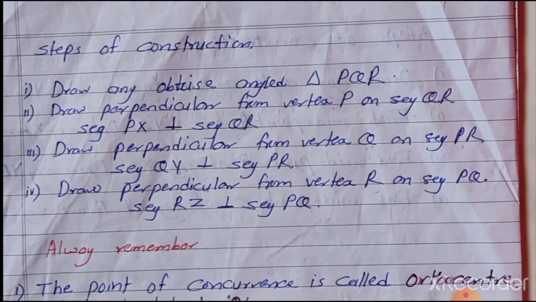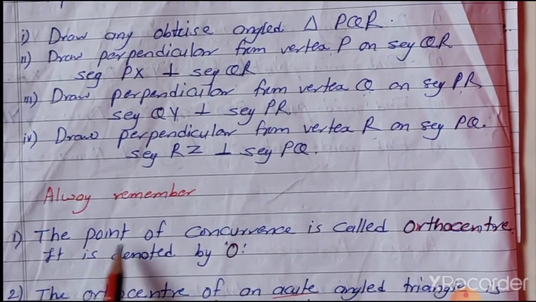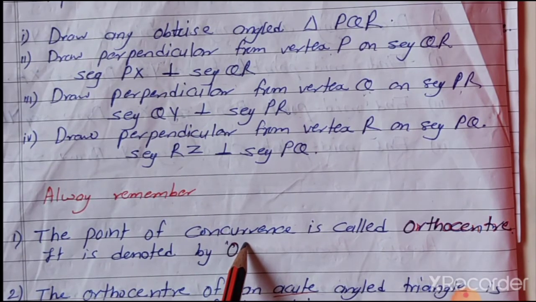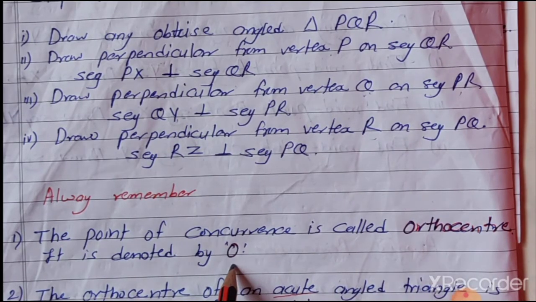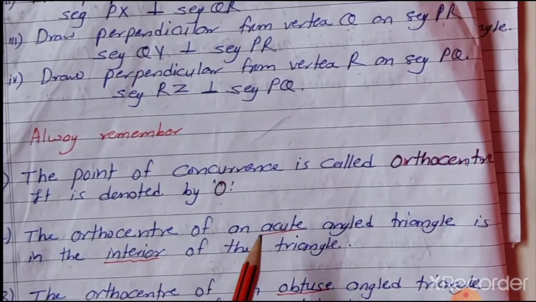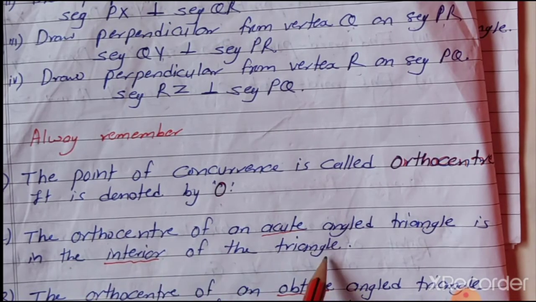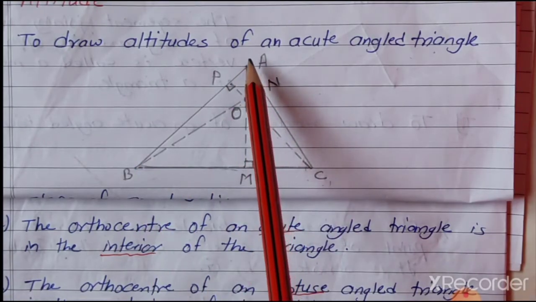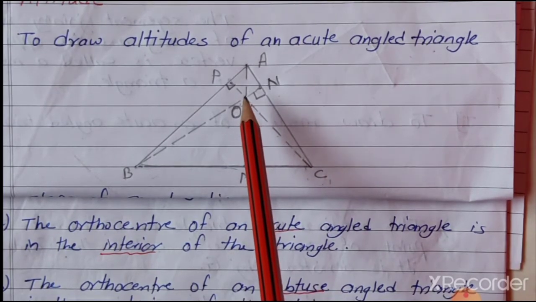So always remember all these points. Our first point is that the point of concurrence made by the 3 altitudes is called the orthocenter and it is denoted by capital O. Second, the orthocenter of an acute angle triangle is in the interior of the triangle. See, this we already constructed. In this acute angle triangle, this orthocenter is on the interior side.